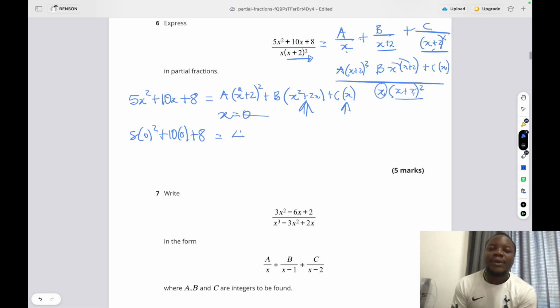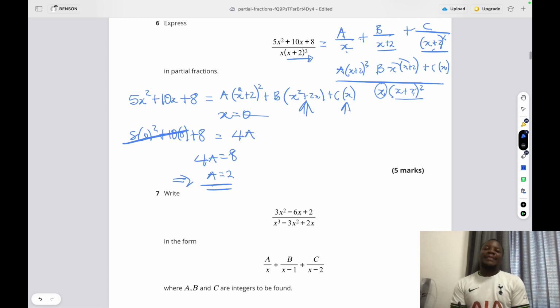So I'm getting 4a. Since all these are x's, these will go to 0, so there won't be anything. It means my 4a is equal to 8, implying that a is equal to 2. So I've found my a.